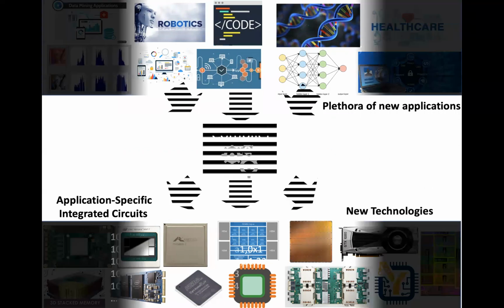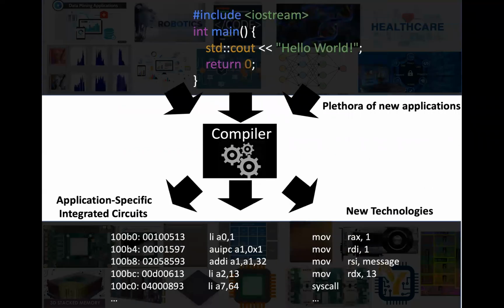For that to happen, we have an intermediate layer called a compiler, which is basically a translator that translates high-level code to the binary or assembly that would run on hardware.